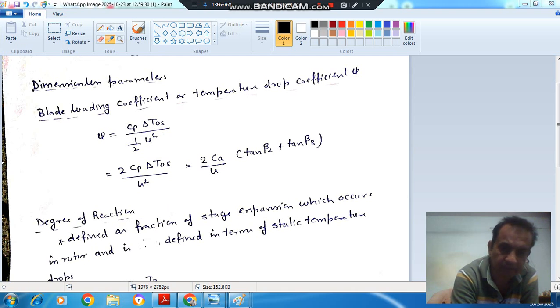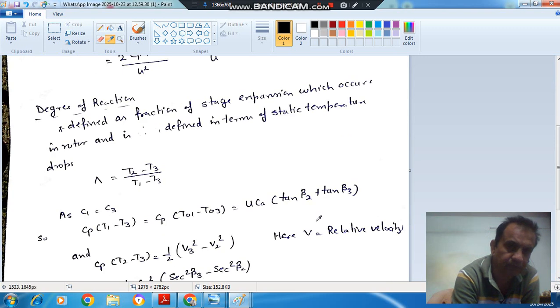The second dimensionless parameter is the degree of reaction. It is defined as the static temperature drop in the rotor to the total temperature drop in the stage. So that is T2 minus T3 divided by T1 minus T3.